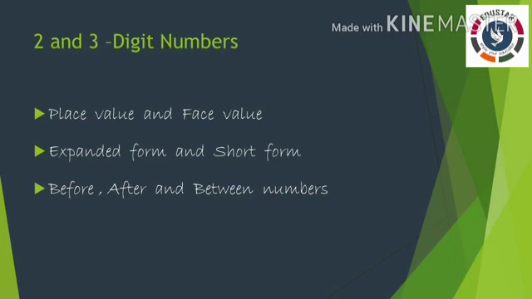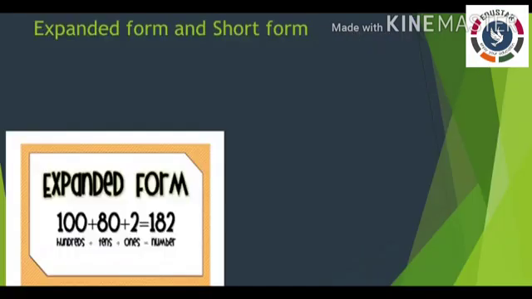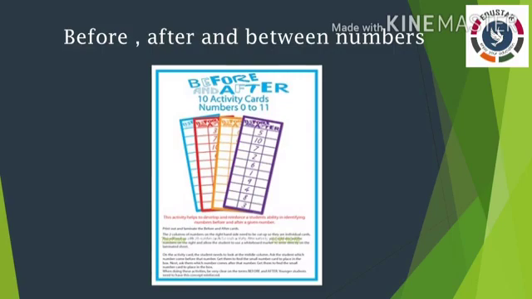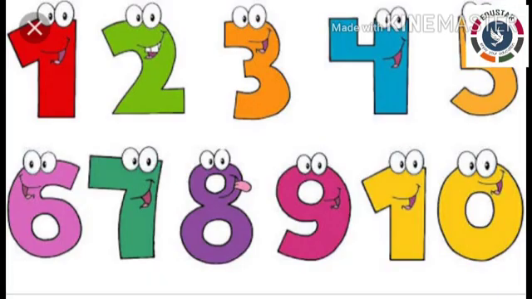The last one is before, after and between numbers. Repeat with me, students. Place value and face value. Expanded form and short form. The last one is before, after and between numbers.